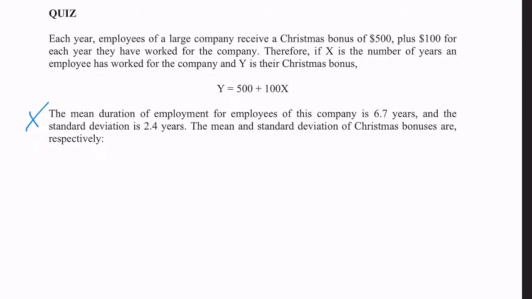I just told you about its mean and the standard deviation.